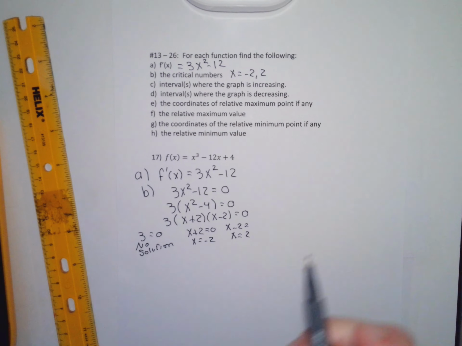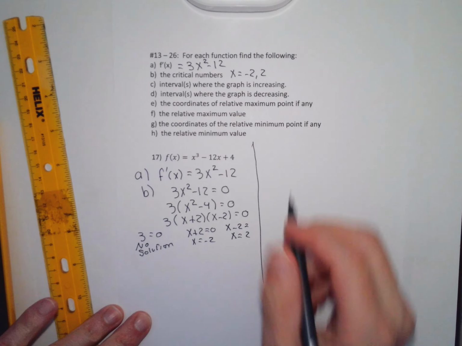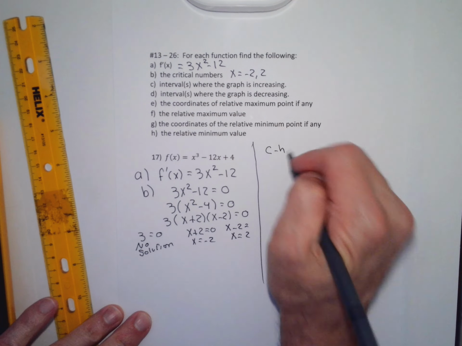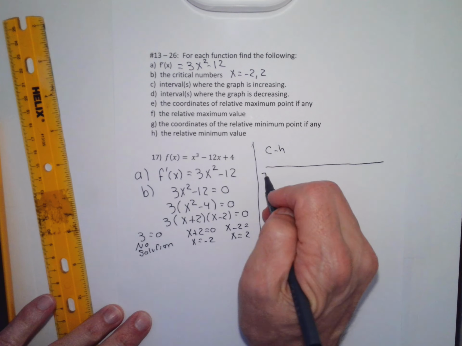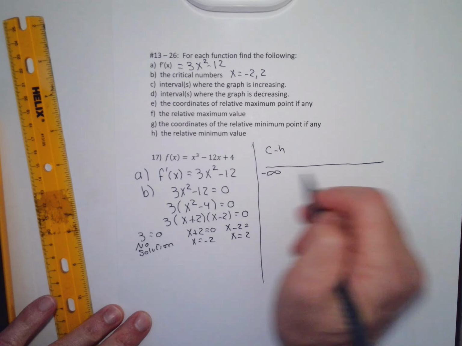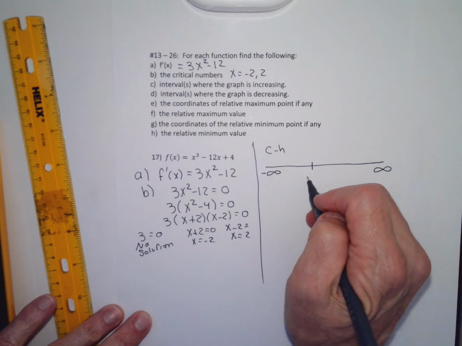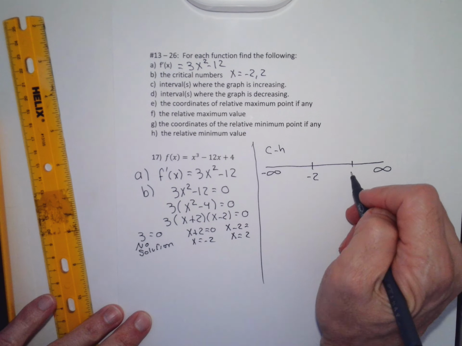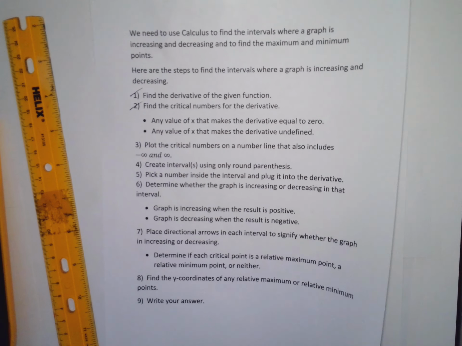And now in one giant computation, I'll start to get everything else. So I'm going to work on C through H. I create a number line that has negative infinity on the far left edge, positive infinity on the far right edge, and the two critical numbers in this case, -2 and +2, between the infinities. I'm just going through these steps, but I kind of have them memorized.